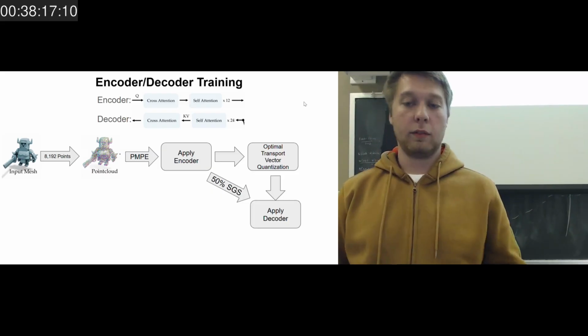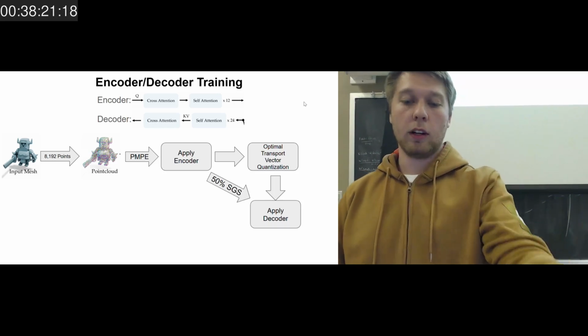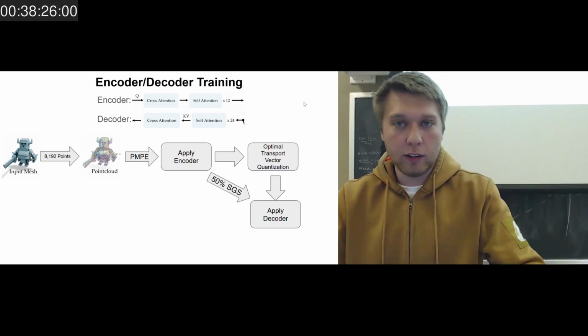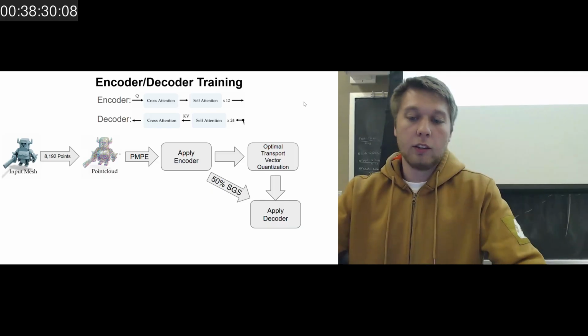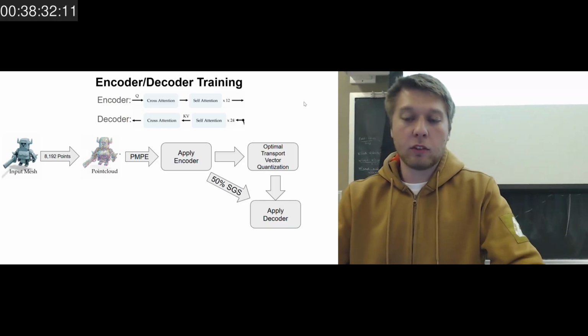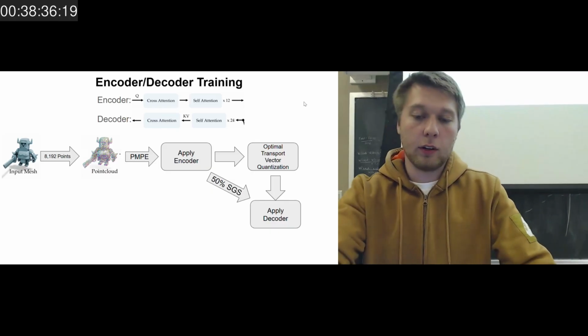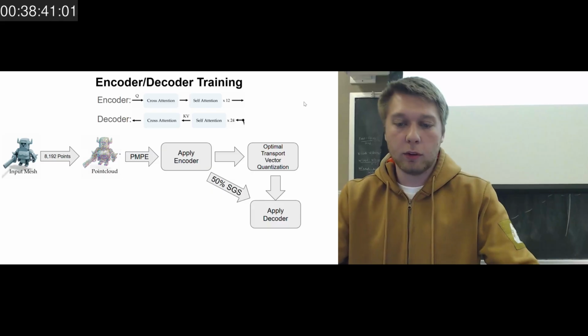Apply the decoder. 50% of the time we apply that stochastic gradient shortcut, which, like I said before, just passes those latent vectors that the last self-attention block generates through one linear layer directly to the decoder. This is a snippet from their paper, so you can get the intuition behind it.